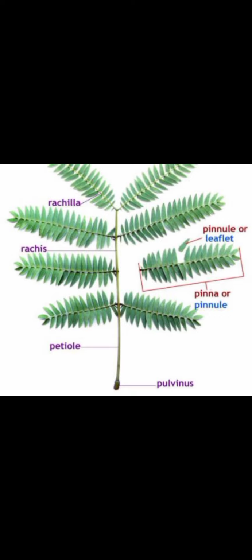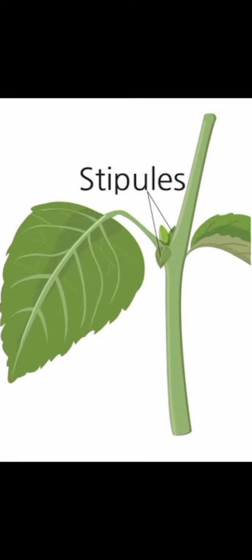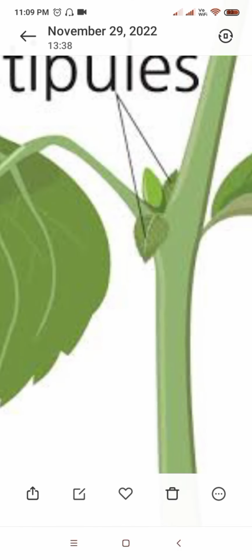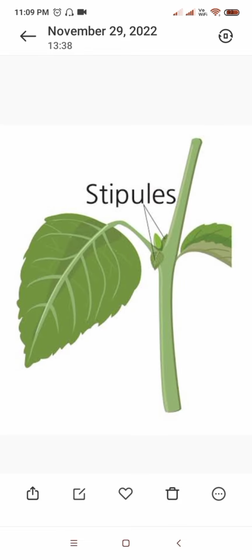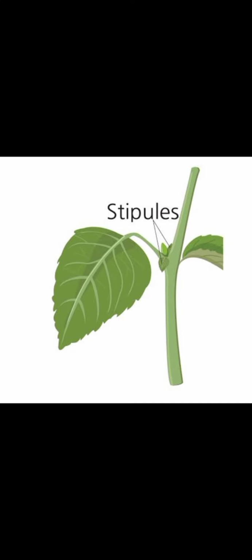Can you see the stalk? That is the petiole. At the base of the leaf there are leafy structures growing. That leafy structure is called the stipules, okay?